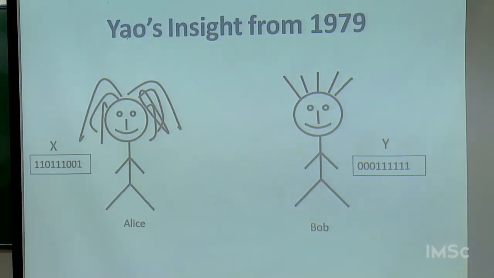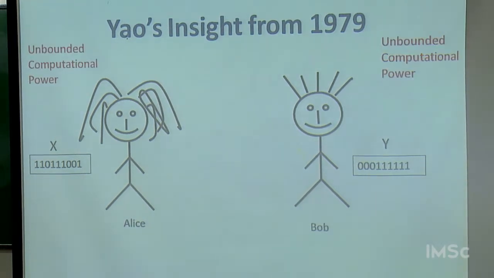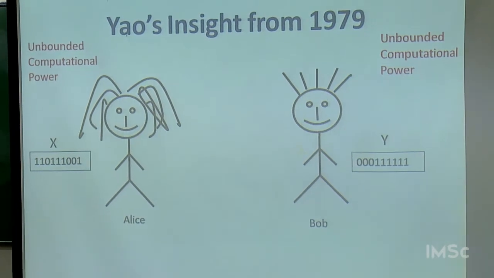So there are two players, Alice and Bob, and they have unbounded computational power, and they want to compute some function f. The function f depends on both x and y. x is with Alice, y is with Bob.